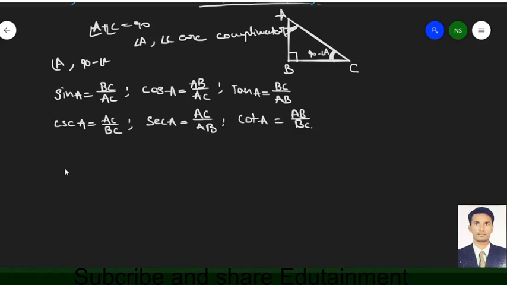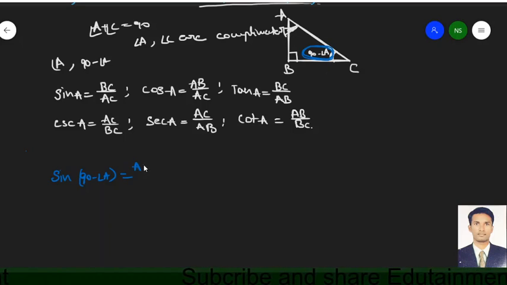Now I will write based on C, sin C. Actually C is nothing but 90 minus A, so instead of C we can write 90 minus A. Sin 90 minus A is the side opposite to 90 minus A by hypotenuse, AB by AC.